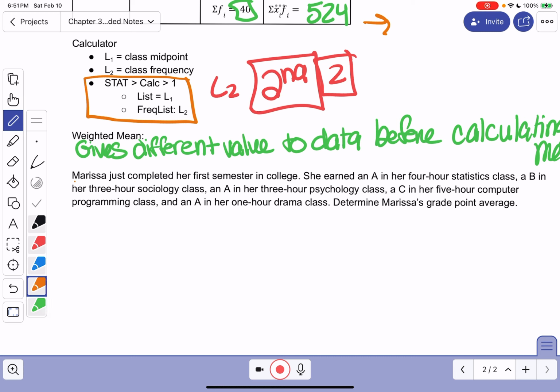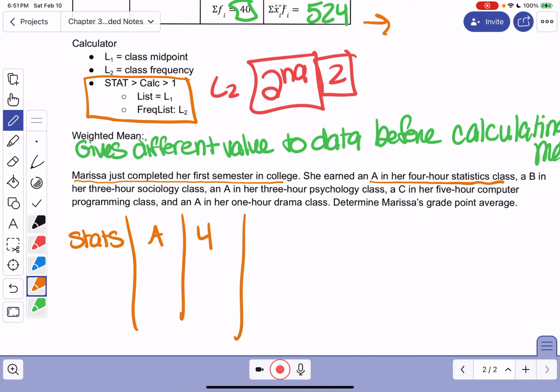So let's look. Marissa just completed her first semester in college. She earned an A in her 4-hour statistics class. So she has stats, she got an A, that's 4 credits or 4 hours. So this is going to be our grade, and it's going to be credit. Then she got a B in her 3-hour sociology class.